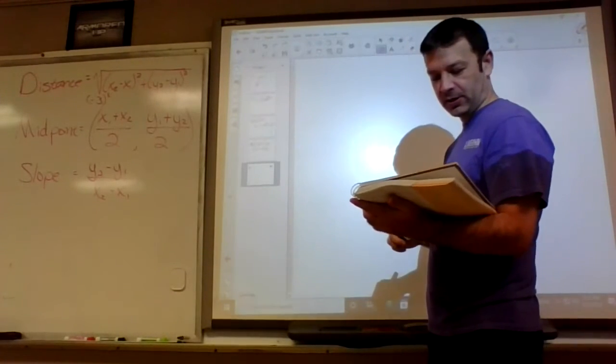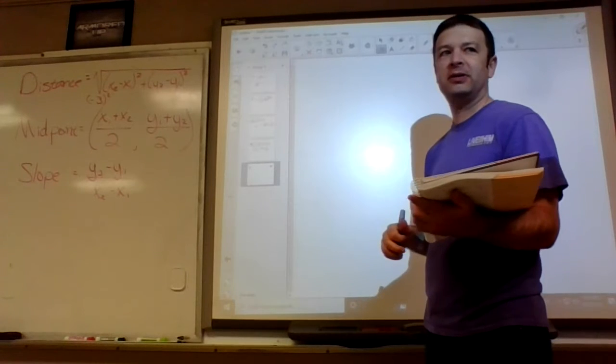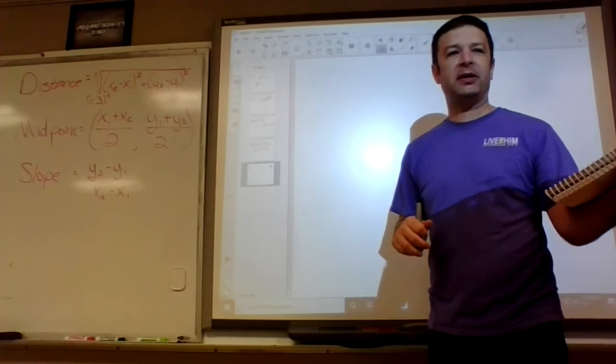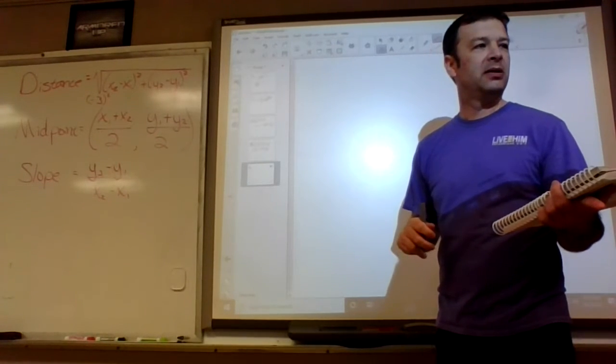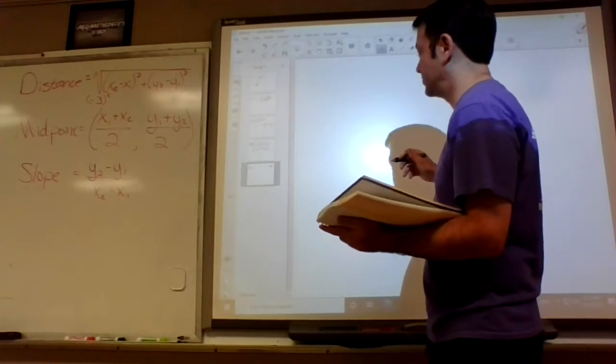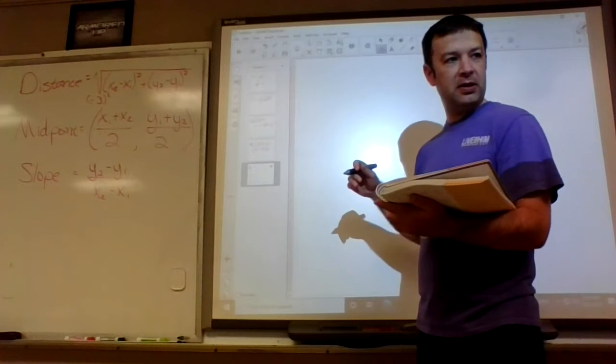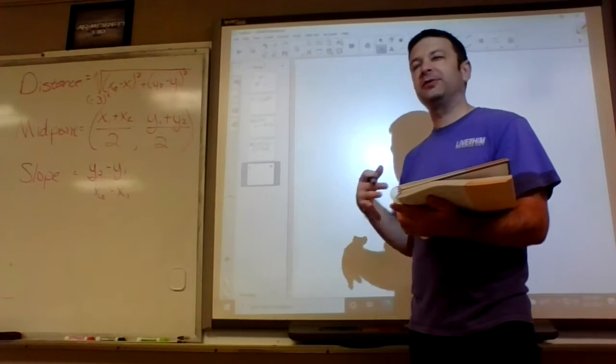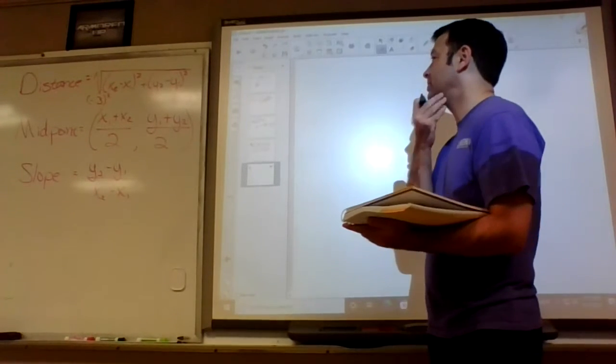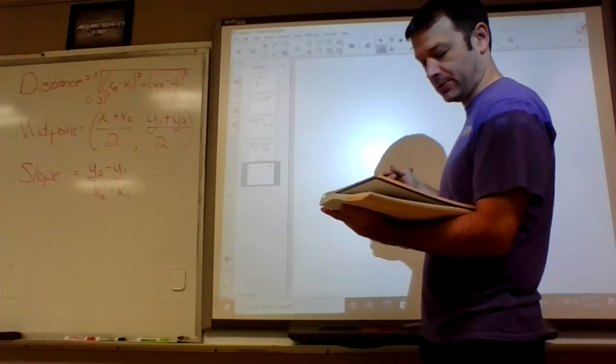Everything can do the square root of 25 because it comes out perfectly, but if it was like the square root of 20, it won't do it.